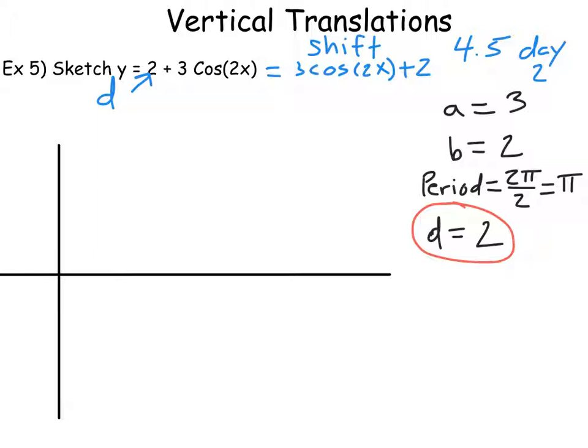Okay, but what I'm going to do now is bump up 2 units, and then draw this dashed horizontal line, which you can put on there, you don't need to. That line should run right down the middle of our graph, and it should be centered right along that. Okay, and that reflects the vertical shift that it's bumped up to.